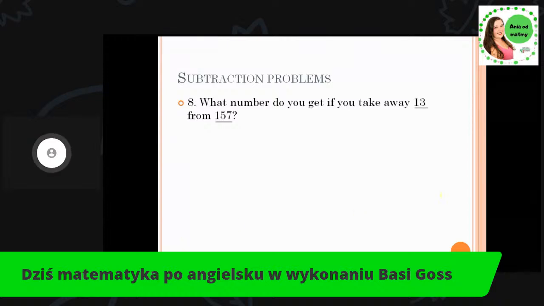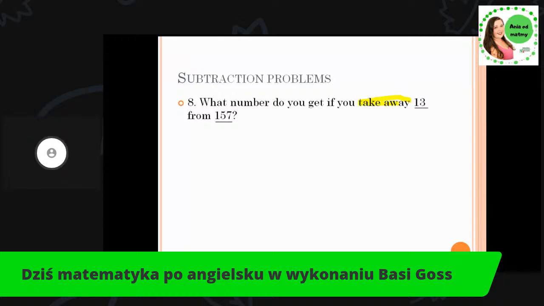Which word or words are telling us that we need to use minus in this problem? Okay, there are 2 words and it's take away.